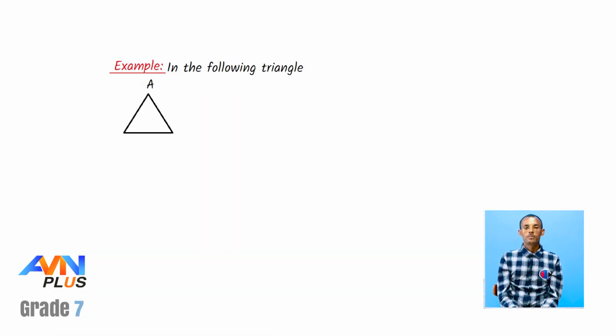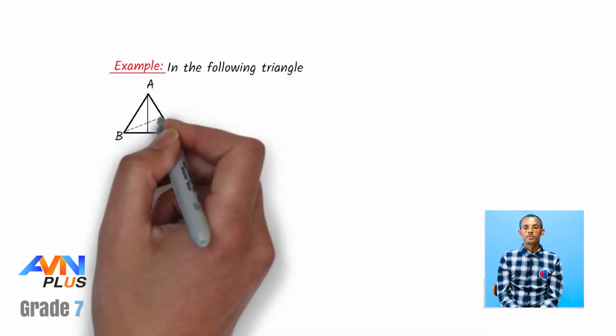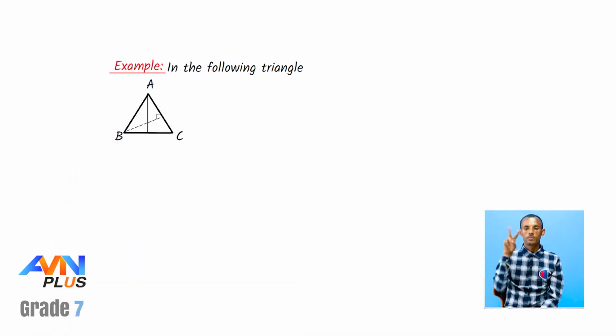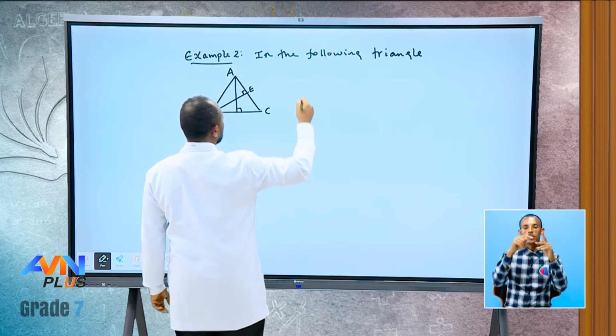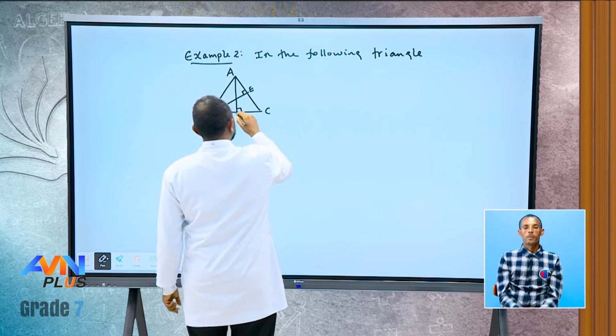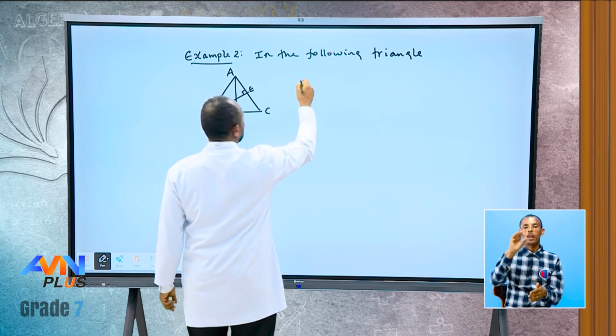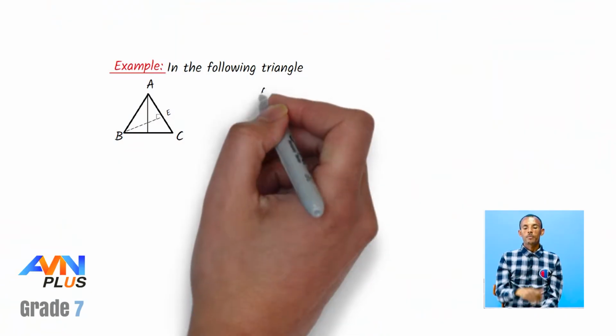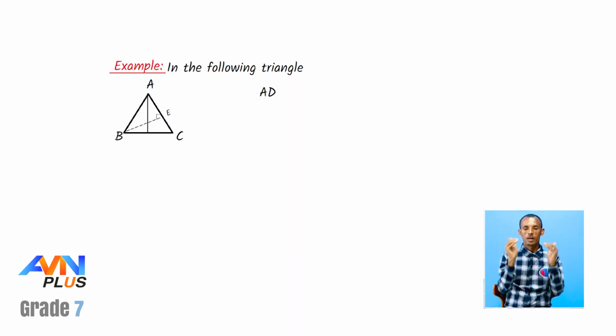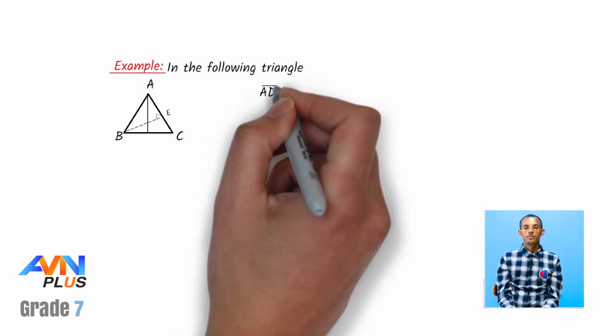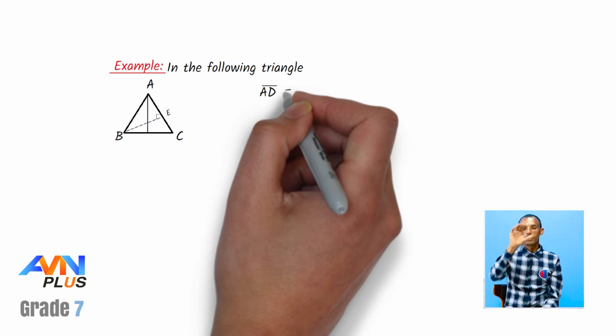This one assume it is A, B, C. Assume this to be E. In the following triangle, this one is D. AD is equal to 5 centimeter.